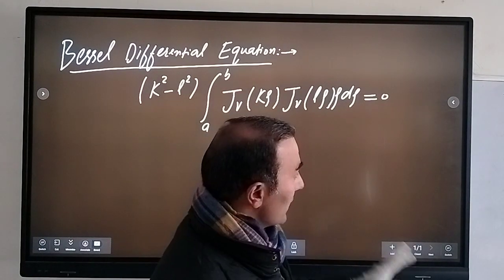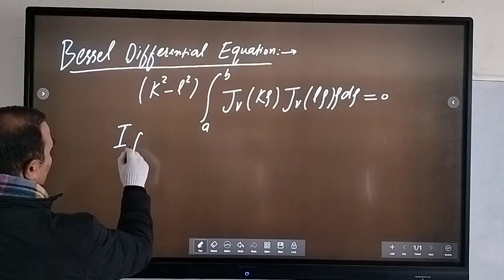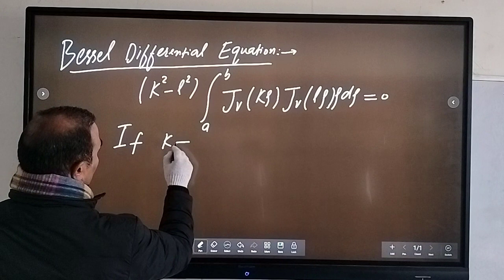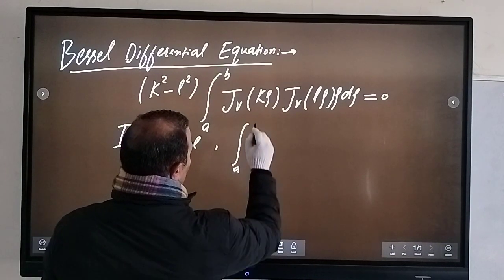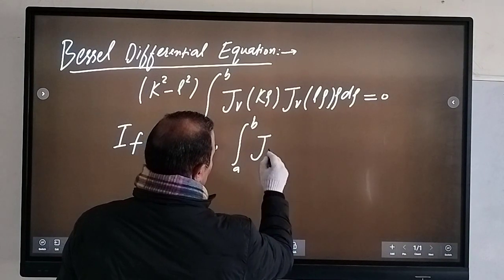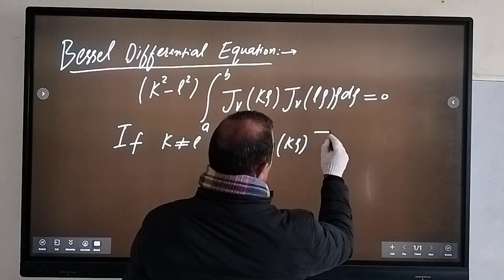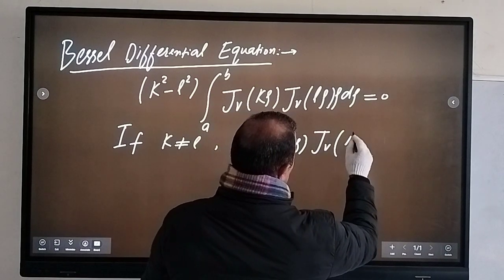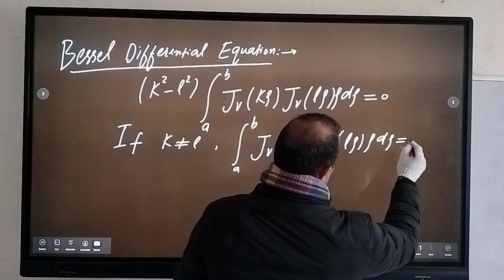So the first case is if k is not equal to l. In that case, this integral from a to b equals 0, right?